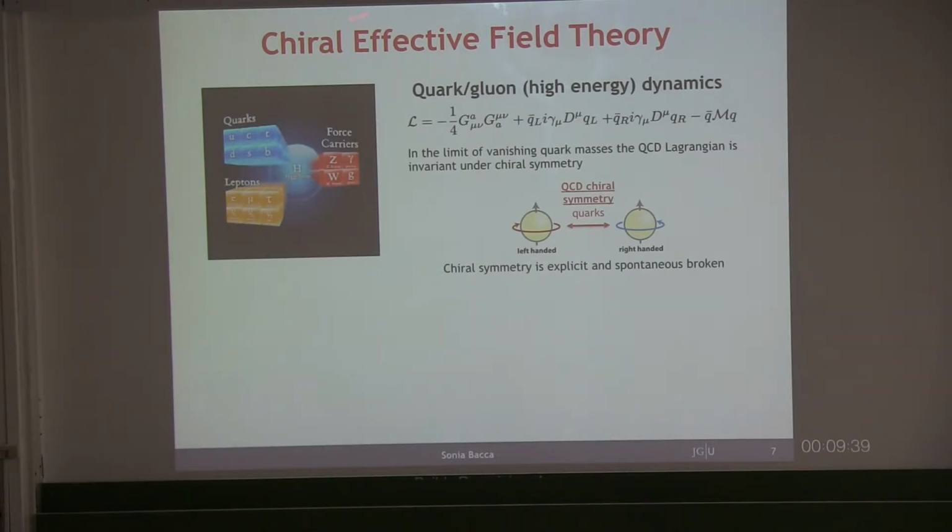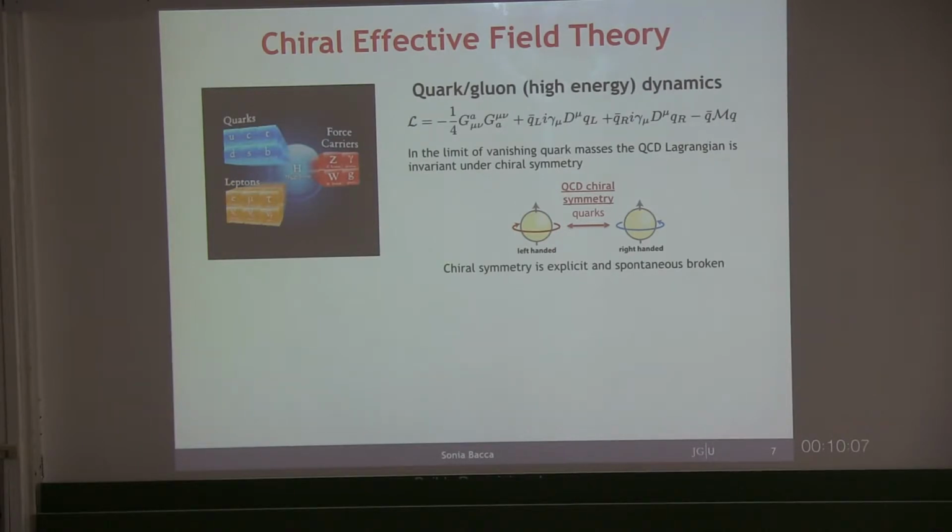This is not that new either, it's at least 20 years that we do that, but I think in the last 10 years or 5 years it has really become a trend. Every nuclear theorist in my field is using this kind of method. So let me try to explain briefly. If you started from the fundamental degrees of freedom, like quarks and gluons, you would have this Lagrangian here.